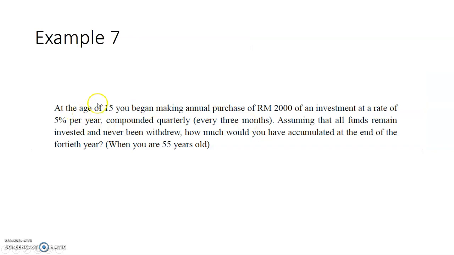Now look at example 7. At the age of 15, you begin making annual purchases. Remember, annual purchase means that starting from 15 years old, you make a purchase of 2,000 ringgit of investment every year, at the rate of 5% per year, compound quarterly, every 3 months, meaning that in 1 year there will be 4 times compound.